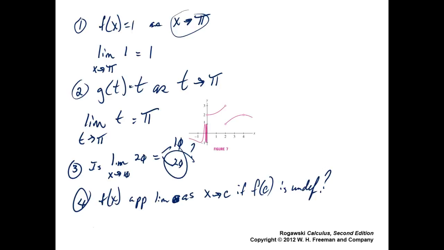Okay? But they're not using undefined that way, is f of c does not have a value. That's what they're doing. So what's your answer? Yes or no? Okay. My definition of undefined, it would be no. Their definition of undefined means that it just doesn't have a value, then it could.